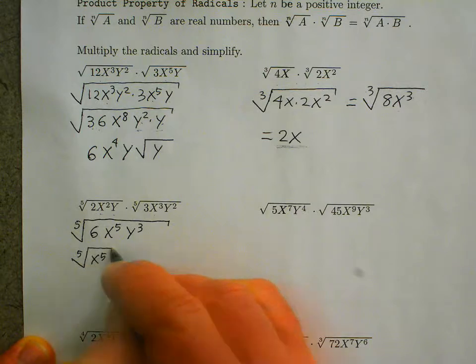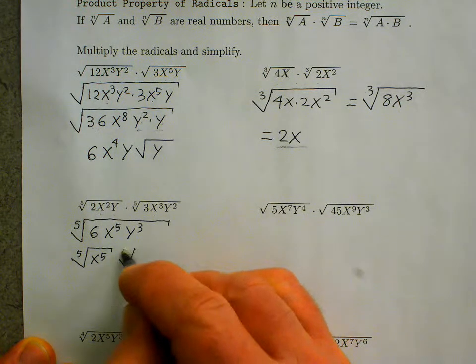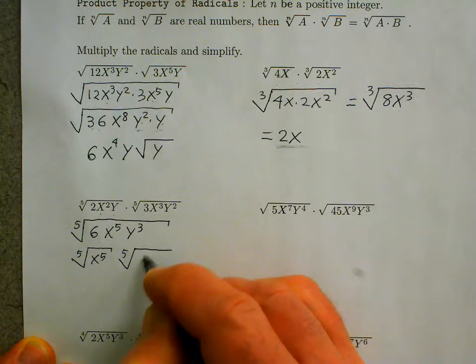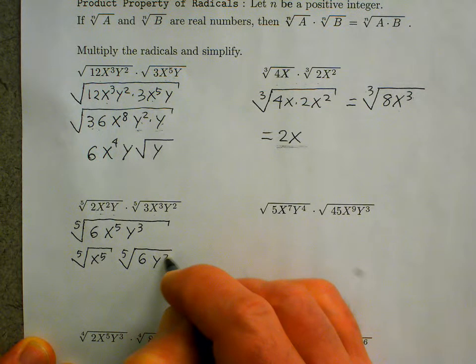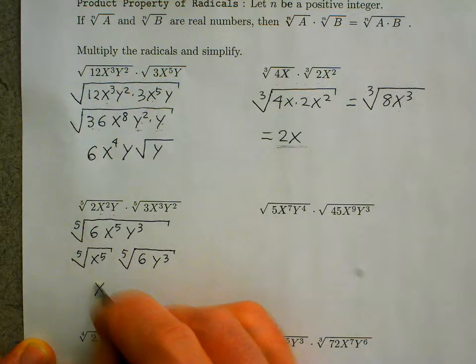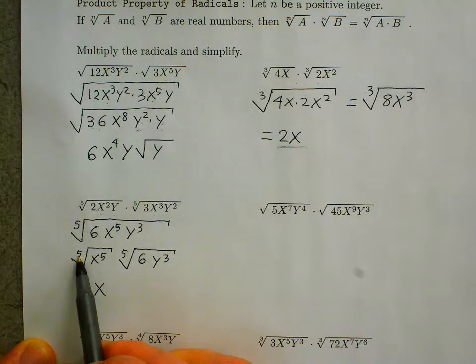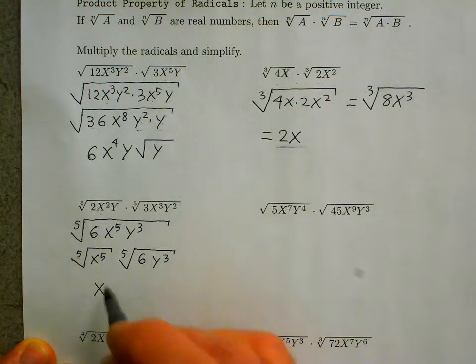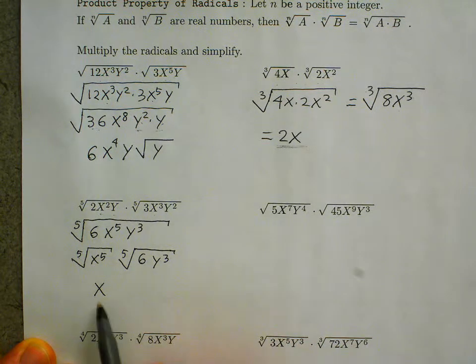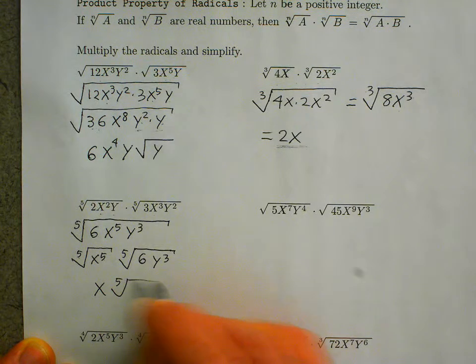So we can rewrite this as the fifth root of x to the fifth times the fifth root of 6y to the third. And then the fifth root of x to the fifth is x to the exponent 5 divided by the index 5. 5 divided by 5 is 1. So x to the first, or just x, and then times the fifth root of 6y to the third.